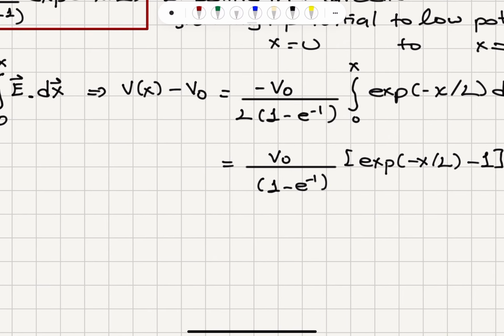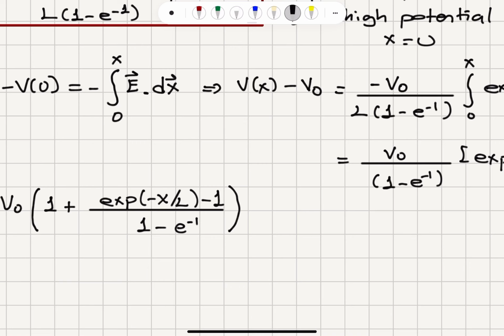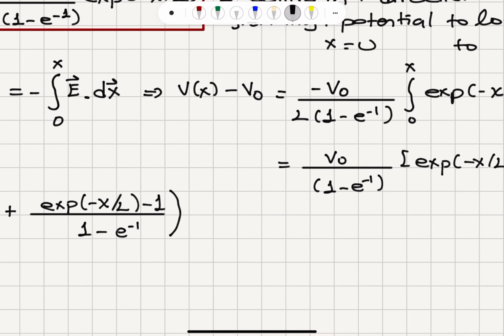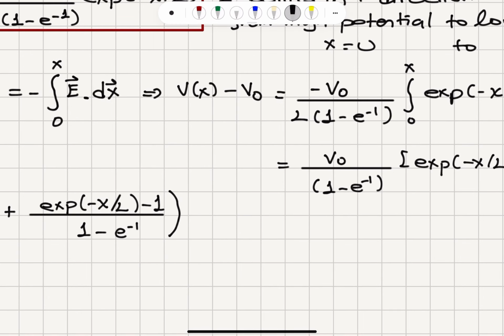Now, if I rewrite this, so this is going to be in 1 minus e to minus 1 parentheses. So 1 plus 1 minus e to minus 1, exponential minus x over L minus 1. So the 1's will cancel if I write this with the common denominator 1 minus e to minus 1. So that will give me the final answer for potential as a function of x.